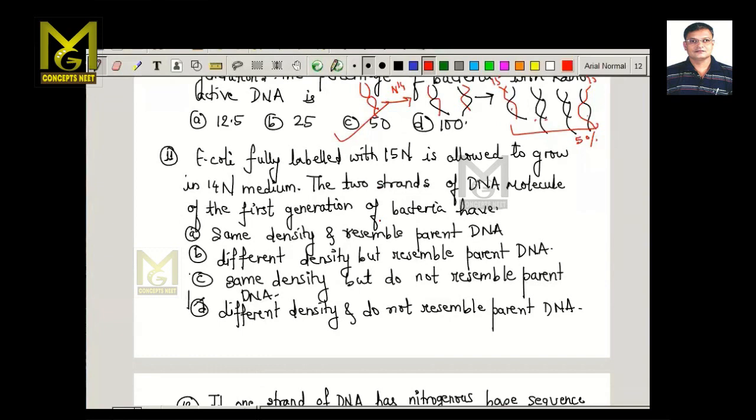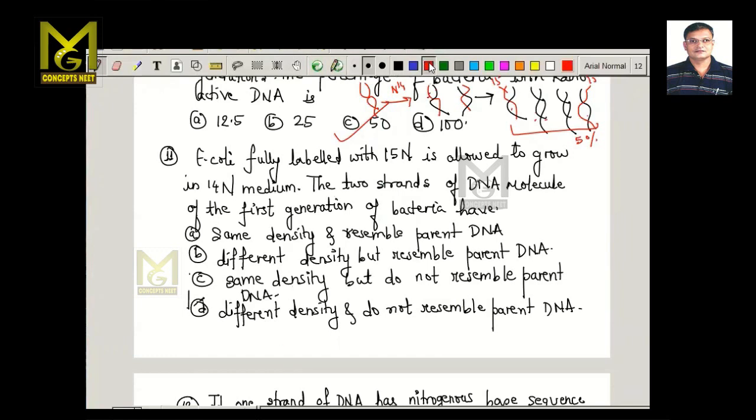E. coli, fully labeled with 15N, is allowed to grow in 14N medium. The two strands of DNA molecule of the first generation of bacteria have. Now, if we look at this again, because it is N14 and N15, they have different densities. And because there is a different combination, they do not resemble a parent DNA.